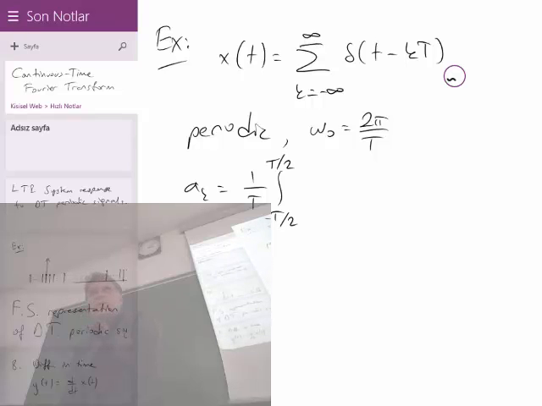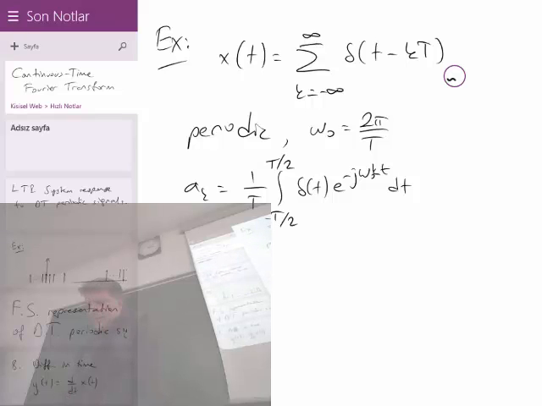The formula for the Fourier series coefficients: 1 over T times the integral within one period of x(t), and within this period, from minus T over 2 to plus T over 2, there is only one impulse, that is delta(t). That one fits into the integral range. e to the minus j k omega 0 t dt.